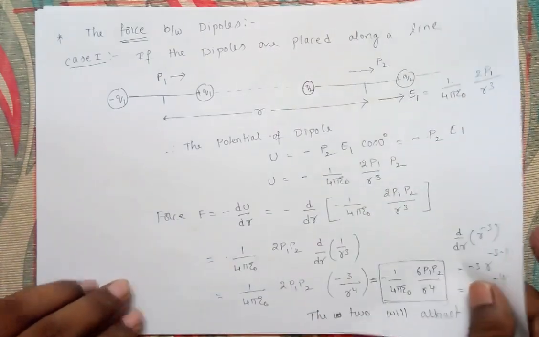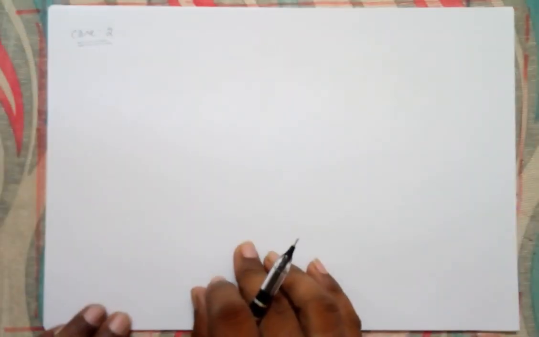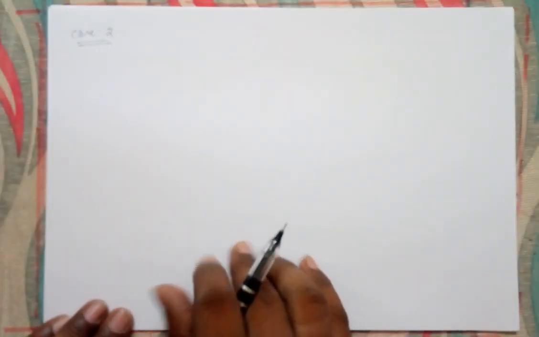Case 2: the dipoles are arranged perpendicular to the line joining the two charges.